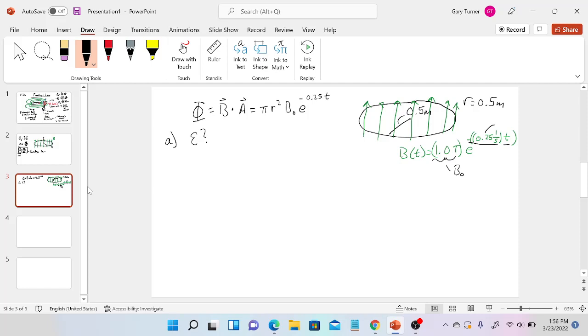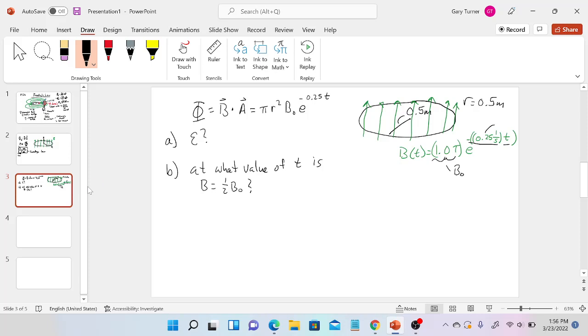And two, I want to know at what value of time is B equal to 1/2 B naught?